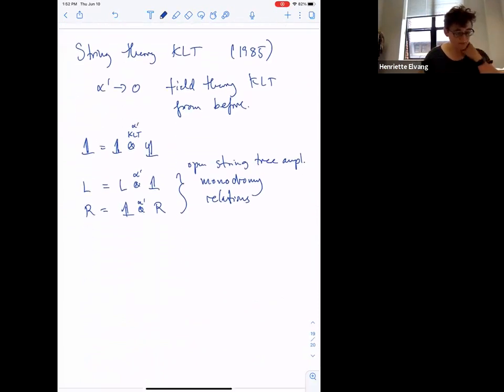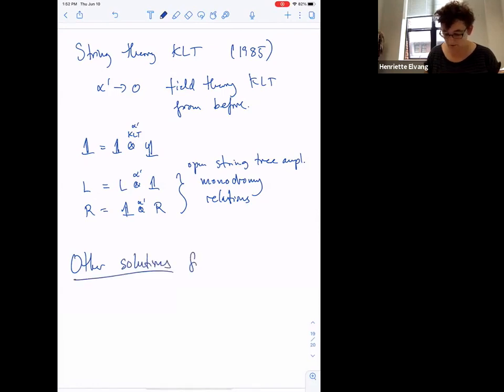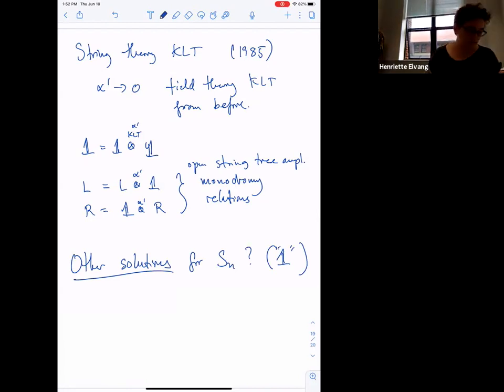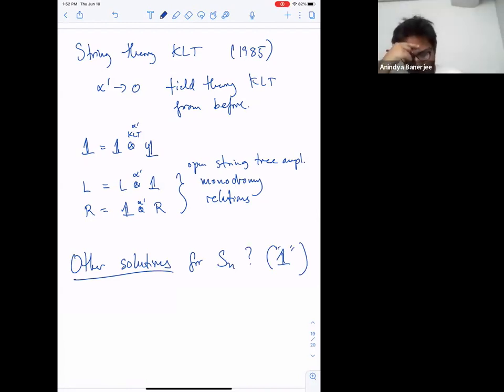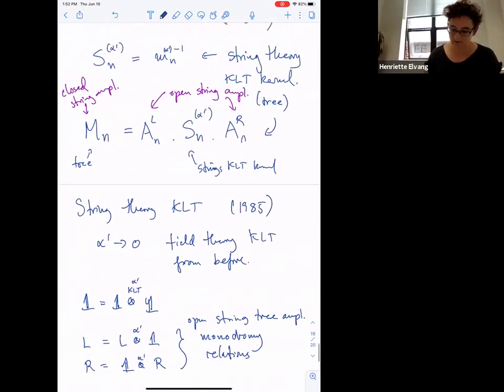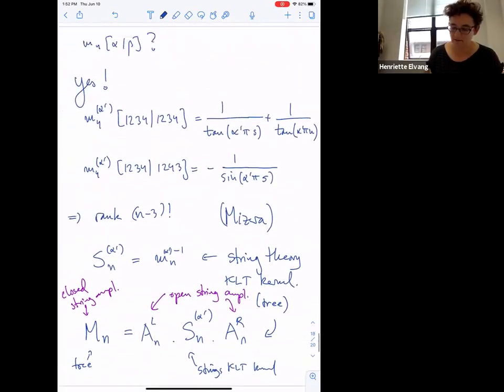Okay, so now the question arises if there are other solutions to the double copy equations. Other solutions for S_n, equivalently for who is the identity element. And there, one thing to think about is that these amplitudes that the string has, they don't look like amplitudes.